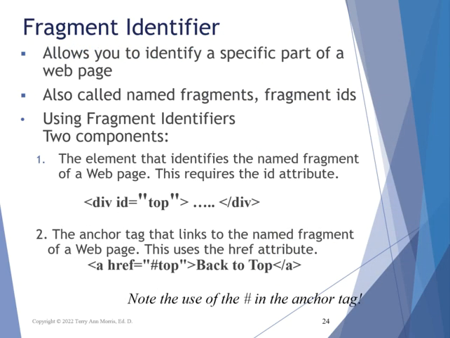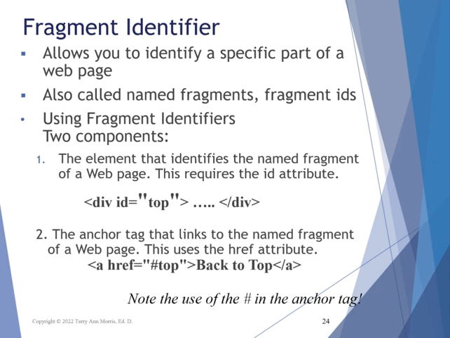Fragment identifier. A fragment identifier is a short string of characters that refers to a resource that is subordinate to another primary resource. The primary resource is identified by a uniform resource identifier, and the fragment identifier points to the subordinate resource.